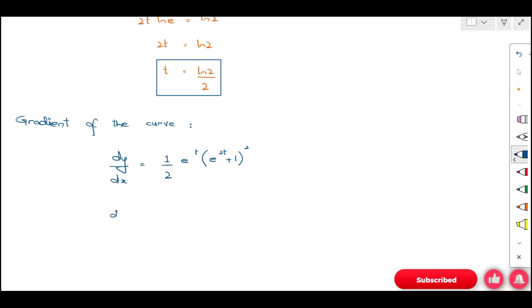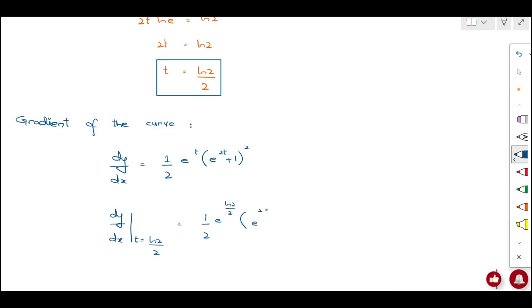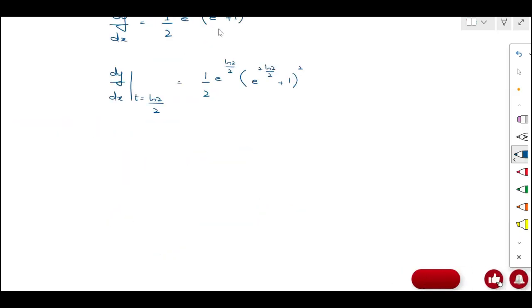Now let me solve this gradient. The exact gradient at t equal to ln 2 divided by 2 is 1/2 e^(ln 2 / 2) into (e^(2 times ln 2 / 2) + 1) whole square. Further simplification, we have 1/2 e to the power 1/2 ln 2, this 2 is cancelled with 2, (e^(ln 2) + 1) whole square.